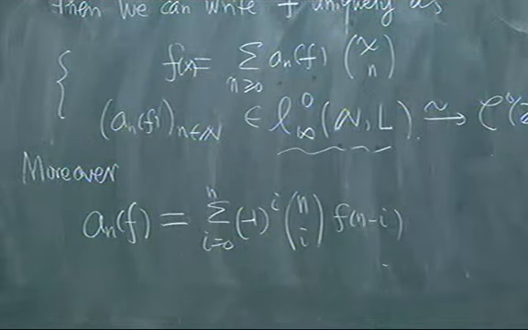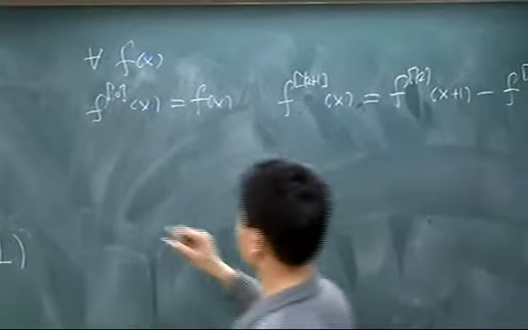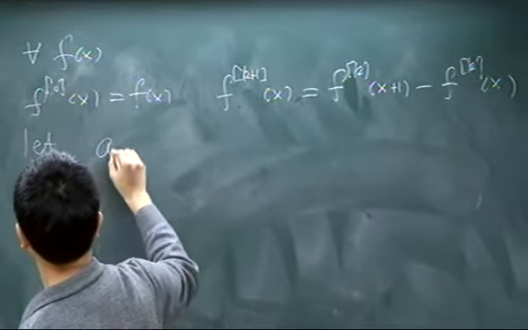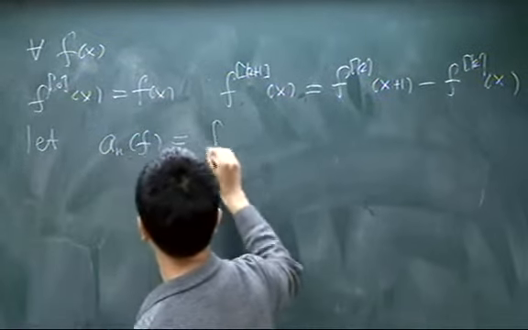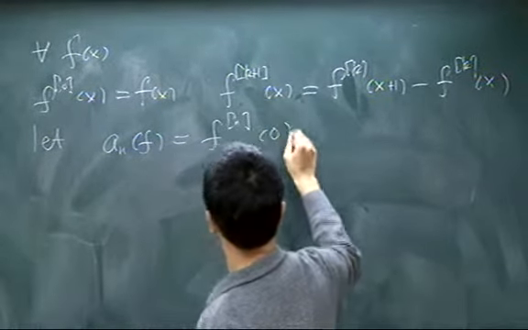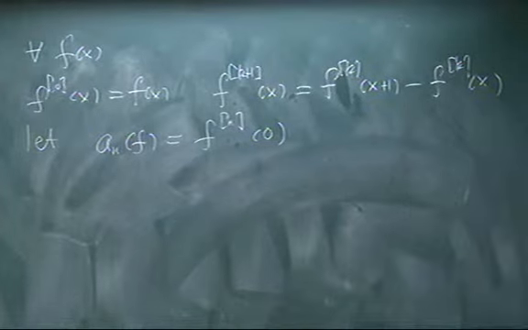If we have f(x), we set f_0(x) equal to f(x), and f_{k+1}(x) equals f_k(x+1) minus f_k(x). Then a_n(f) is just f_n(0).